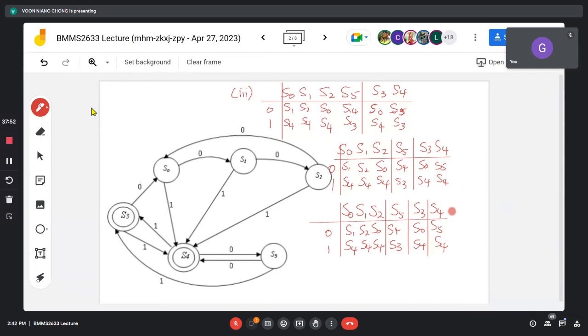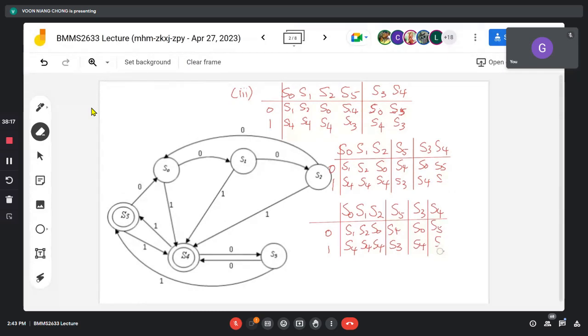S4 input 1 becomes S4. Not correct. S4 here, input 1 becomes what? S3. S3. So this one is here, S3.